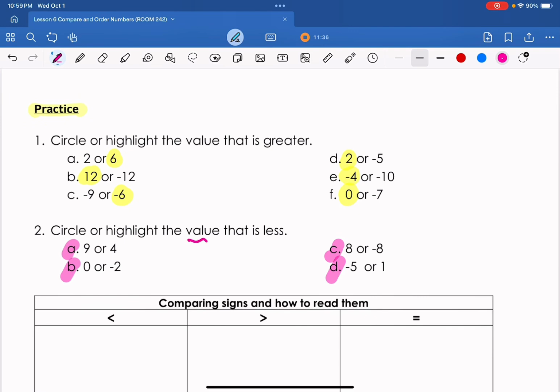We don't want the one that is greater. We want the one that is less, which means moving more to the left. So for A, you should have gotten 4. For B, you should have gotten negative 2. C, you should have gotten negative 8. And D, you should have gotten negative 5.